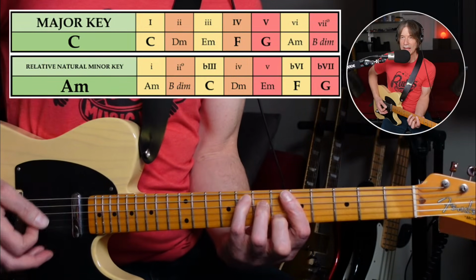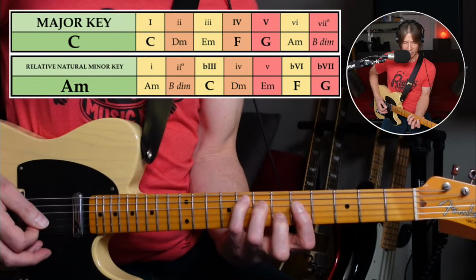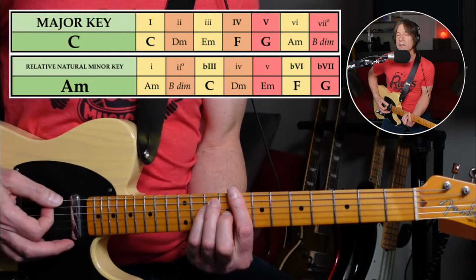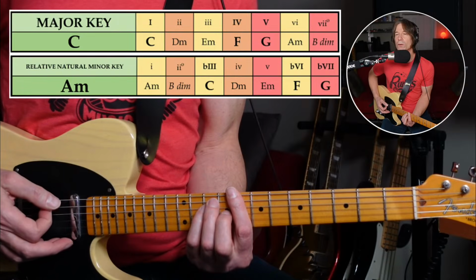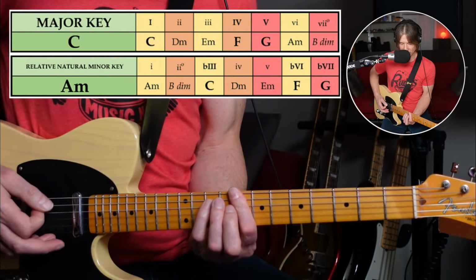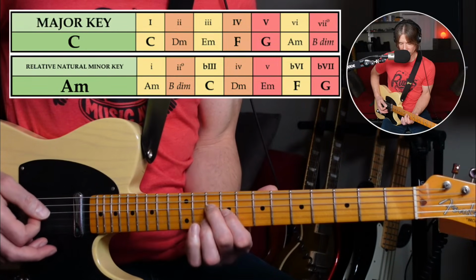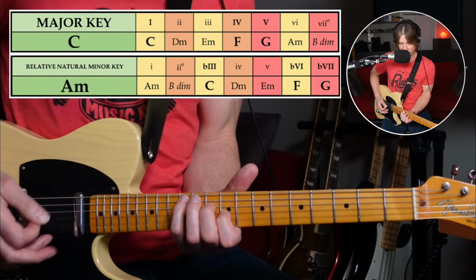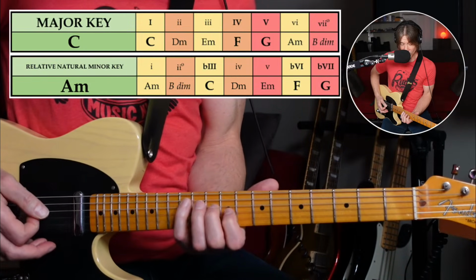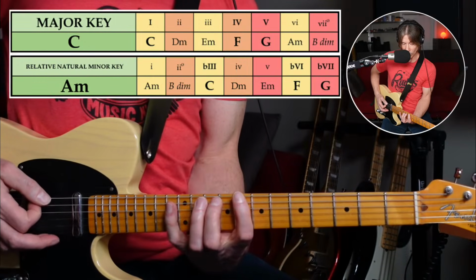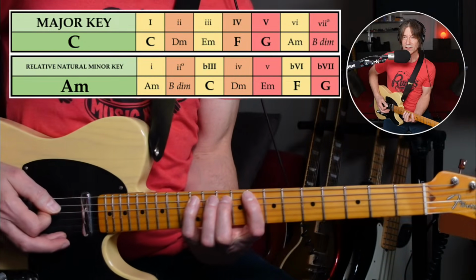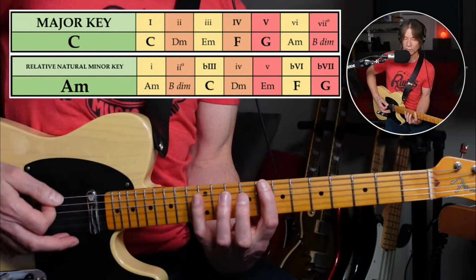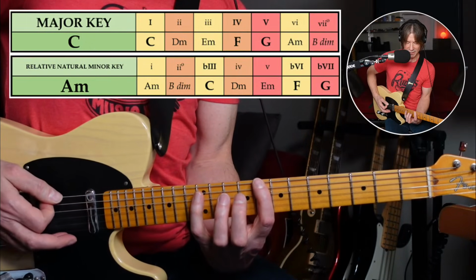Because once again, if I was in the key of C and I played the 6th chord, it would be a minor chord, an A minor, up here. Which is the 6th degree of the scale. Look, 1, 2, 3, 4, 5, 6. Major. That's when you start visualizing these intervals, that's a 6.